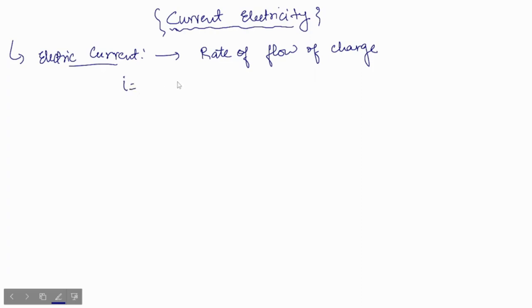Suppose a charge dq is flowing through any area in time dt, then the electric current passing through that area or region will be I is equal to dq by dt, and this is also known as instantaneous current.